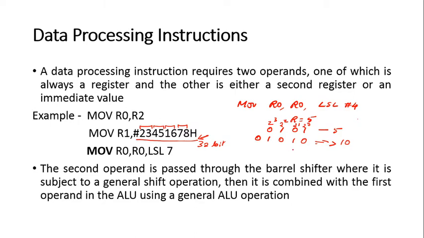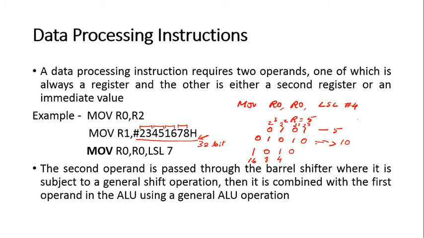Then when you shift it again, it becomes 0 1 0 1. How many shifts did we do? This is the first, and this is the second time we shifted. So what is the value? This is 4, this is 8, and this is going to be 16.